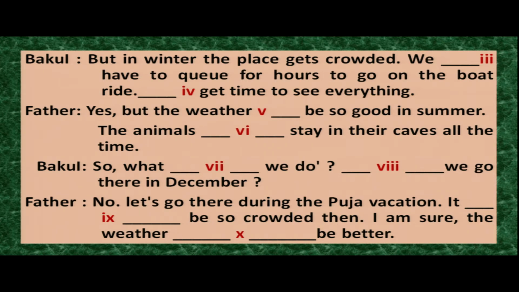We won't get time to see everything. Father: Yes, but the weather won't be so good in summer. The animals will stay in their caves all the time. Bakul: So what shall we do? Shall we go there in December? Father: No, let's go there during the puja vacation. It won't be so crowded then. I'm sure the weather will be better.